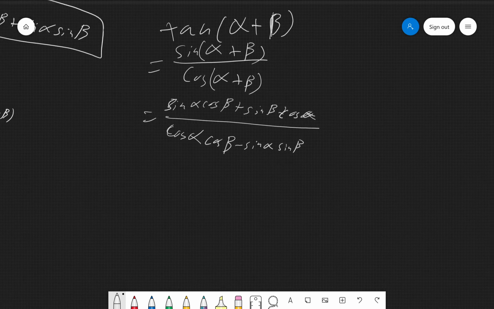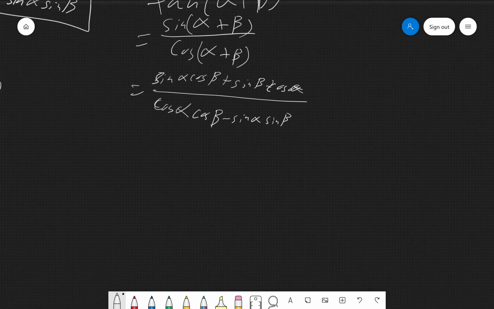Now we can set that equal to tangent of alpha, because we want tangents. So that times the cosine of alpha times the cosine of beta. Notice how the cosine of alpha and tangent of alpha go away and become a sine of alpha.